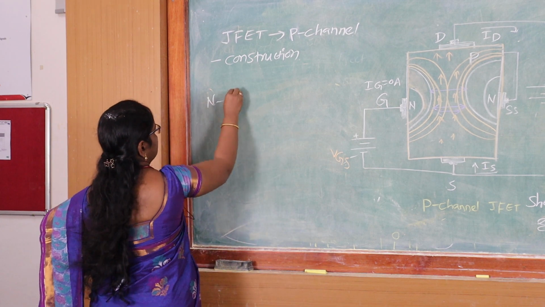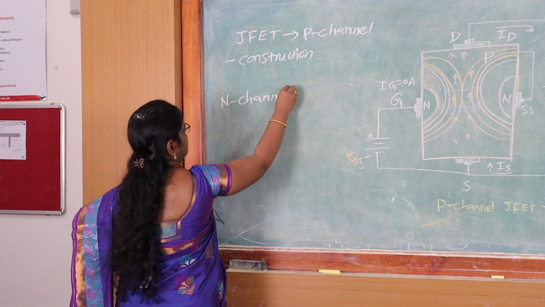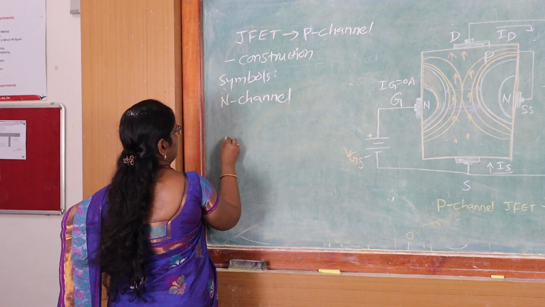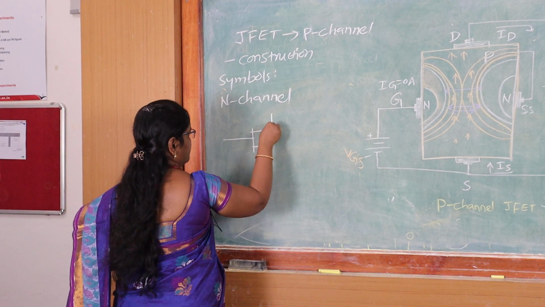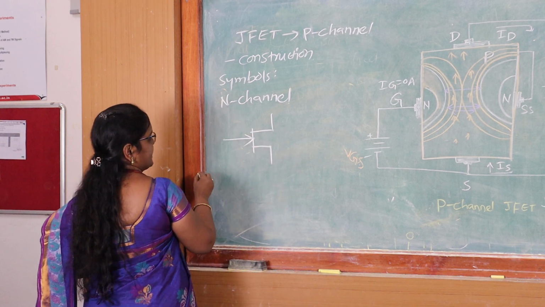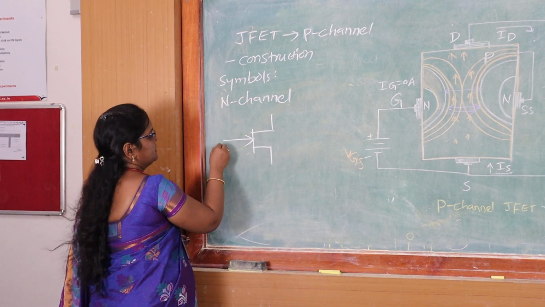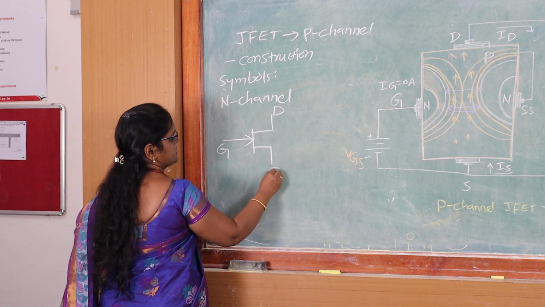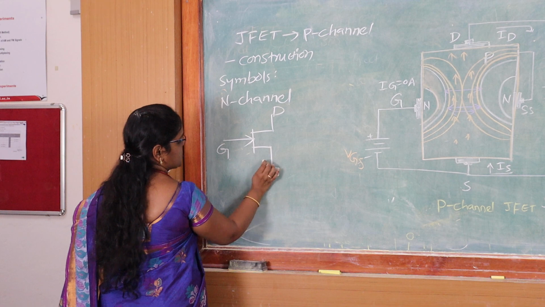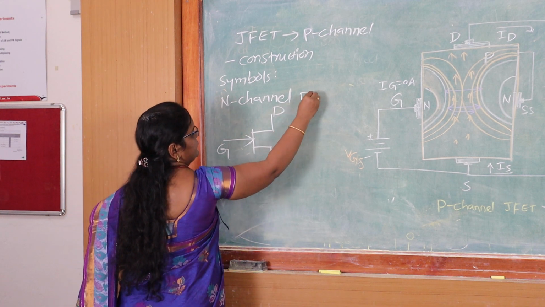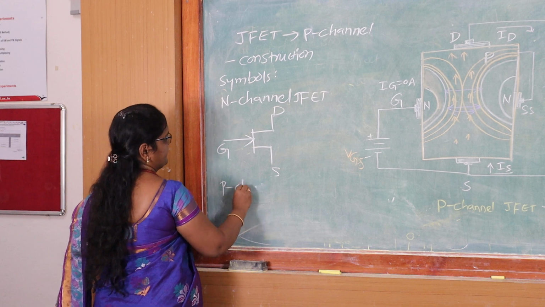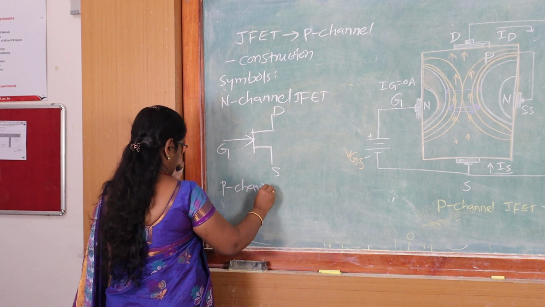For N channel, we have 3 terminals. Arrow indicates the direction of the drain current. This is the gate terminal, this is drain and this is source. This is N channel JFET, and we have P channel JFET.